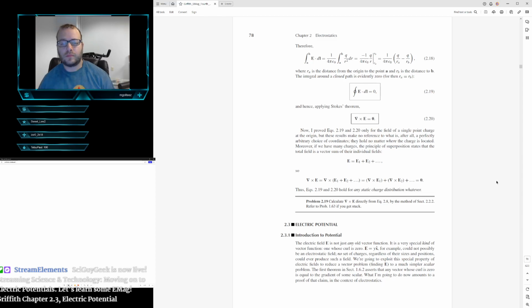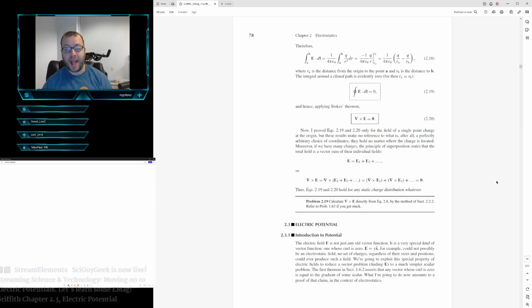So, what we discovered last time was that the curl of any static electric field, any electric field for electrostatics, is zero. That means that the field has no rotational component.